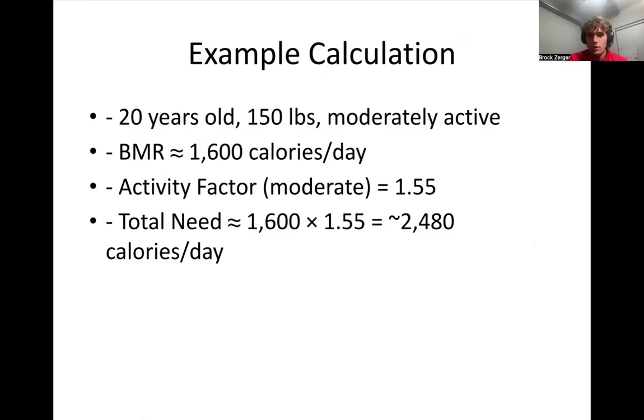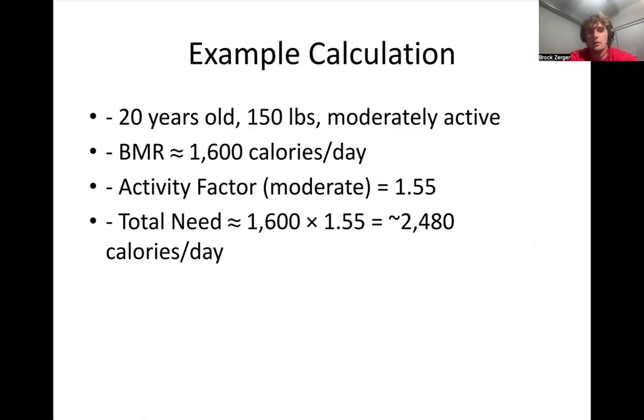Here's an example calculation of caloric needs. Again, this can vary very much from person to person, and we'll go over that more, but this is just an example. A 20-year-old, 150 pound, moderately active human has a BMR of 1,600 calories a day.